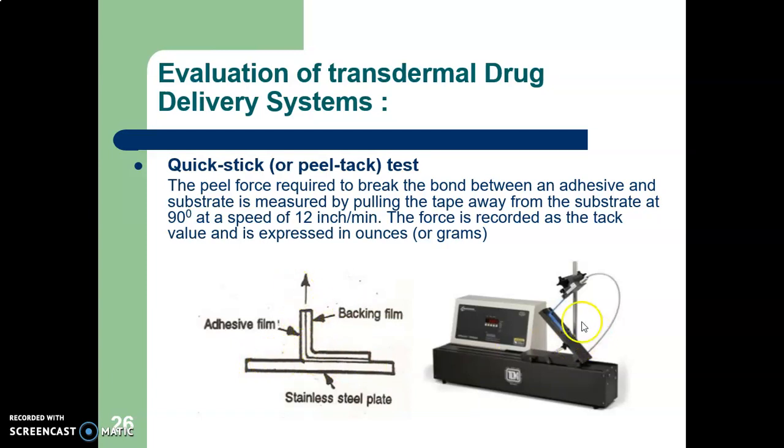And using this equipment, this adhesive tape or patch is pulled away from the substrate, and the force required to break the bond between the adhesive and substrate is measured, and this is known as a quick stick or tack test. During this test, the substrate is pulled at 90 degrees at a speed of 12 inch per minute, and the force is recorded as the tack value and is expressed in ounce or grams.